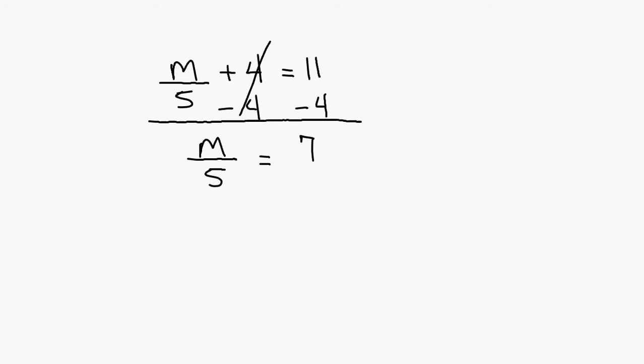Now you're going to do the inverse of what's being done to the variable. So what's being done to the variable? It's division. What's the inverse of division? Multiply. So watch. You're going to multiply the left side by 5. And you're going to multiply the right side by 5.